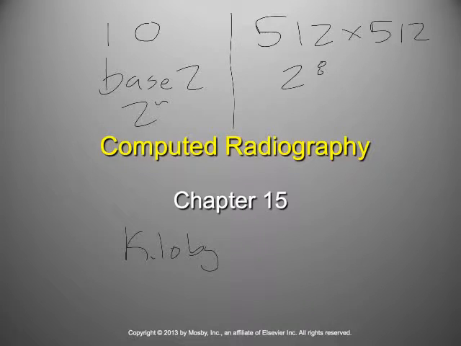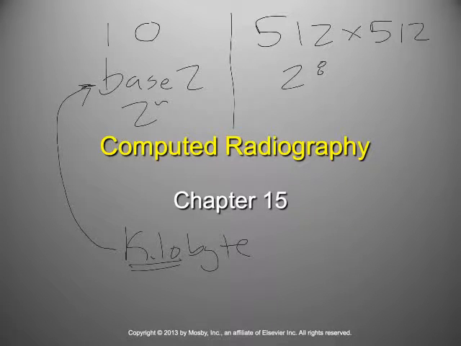Kilobyte. And the reason I pull it out is because it's really important to understand that this prefix kilo, even though we use it sometimes in the metric system, like kilometer or kilovolt peak, kVp, is not a metric expression. A kilobyte is not metric, because it's in base 2.